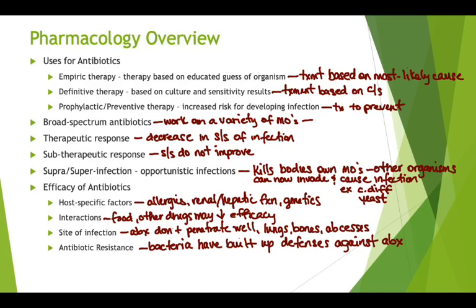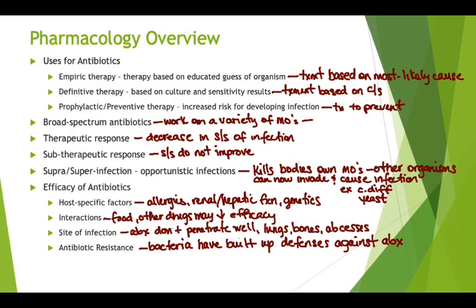Because we're doing definitive therapy, we know that this antibiotic is going to cure or affect this bacteria. We've done the culture and sensitivity, and it's come back with what antibiotic is going to be able to eradicate it. So we're not guessing at this point. That's why we use the most narrow spectrum.